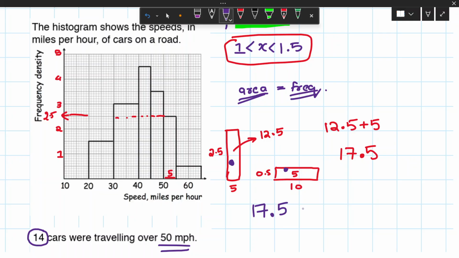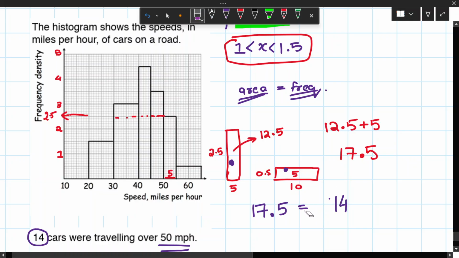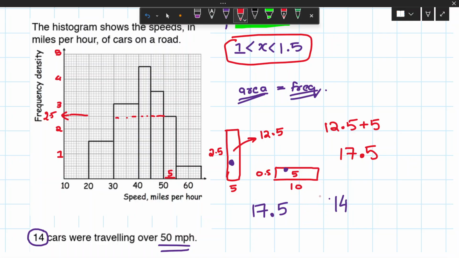So I asked myself, what can I times, or if my area is 17.5, how would that be equal to 14? What can I do to get to 14? So another way is, let's say, I know if I get my area, I should multiply that with something to get to the frequency.